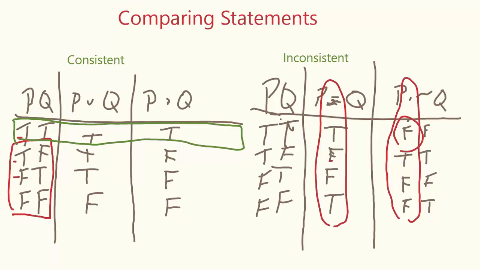In the second case, they're not all true in that row because one of them is false. They're both false in the third case, and one of them is false in the fourth case. So for all the possible combinations, for all the possible cases that are available to us, there's not one in which both of our sentences here are true, and so it turns out that they are inconsistent.